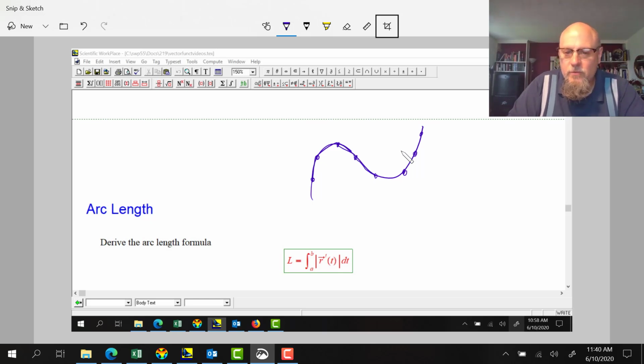These are supposed to be straight lines. And then add up all those straight line distances.